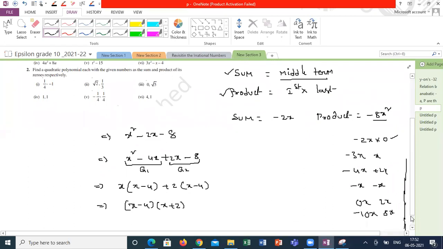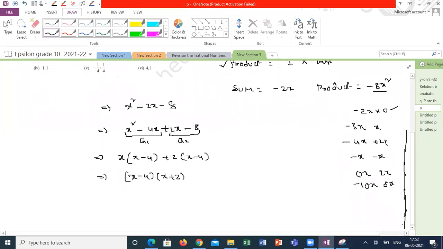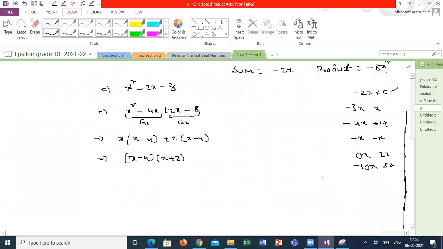Guys, this is an important method we have to know to complete the problems in a little bit easier manner. Anyone having any doubt how to factorize a quadratic expression, please let me know before moving to the next step. No doubt, sir. Now, from here, what are the zeros of the polynomial?